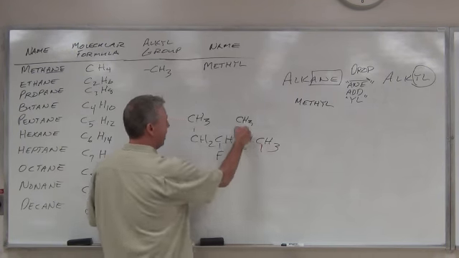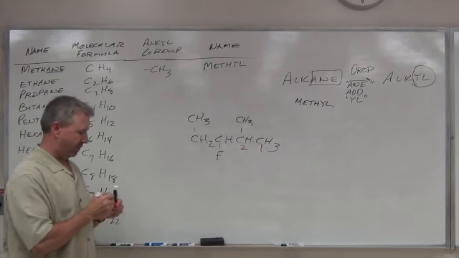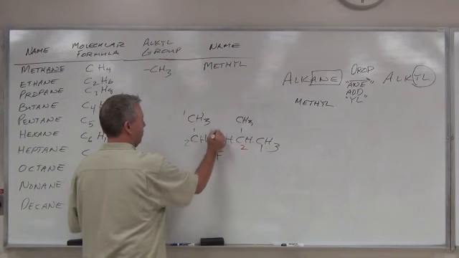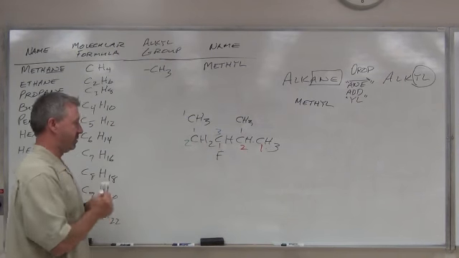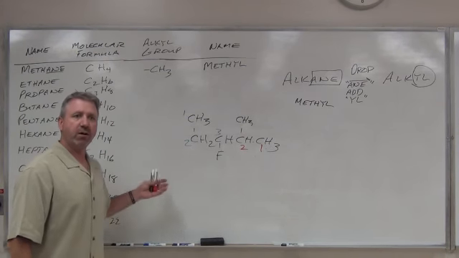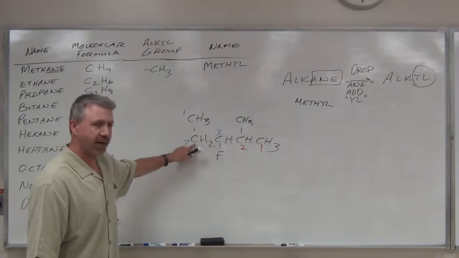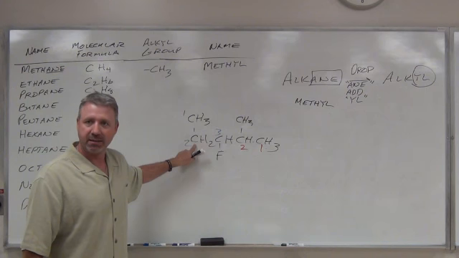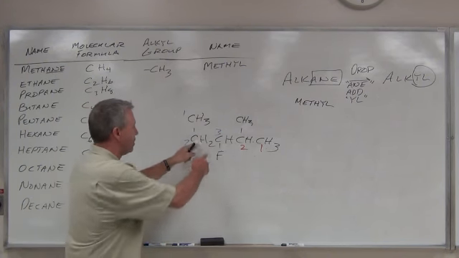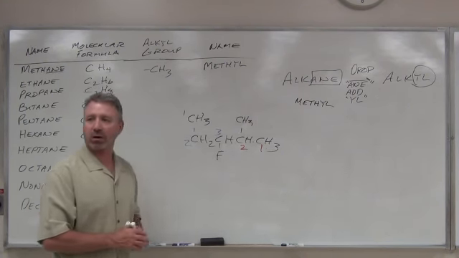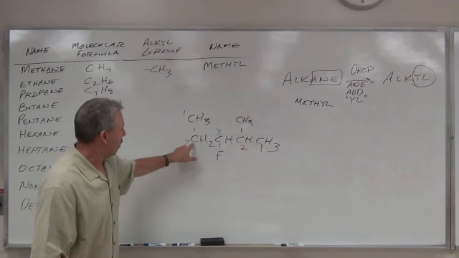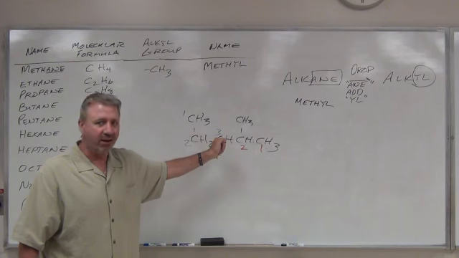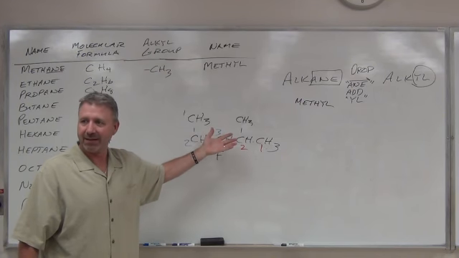If I number this way, my first point of substitution is at carbon number 2. If I number it the other way, 1, 2, 3, my first point of substitution comes in carbon 3. Notice that it's a continuous chain, you guys. You can't have one methyl. It doesn't exist. One methyl would just increase the chain length by 1 more carbon. 1, 2, 3, 4. 1 methyl butane. No. It's just pentane.